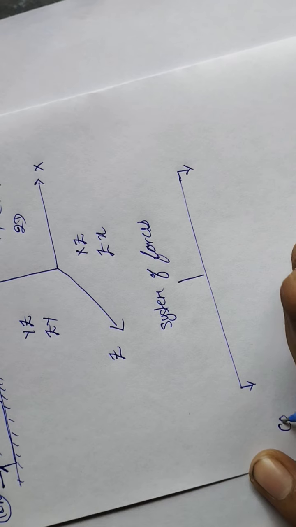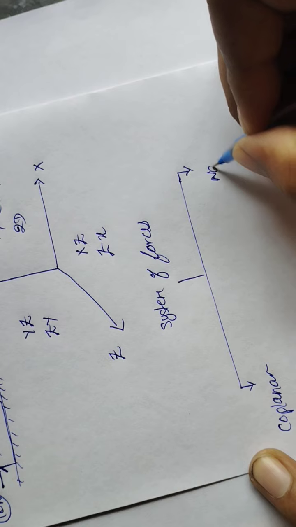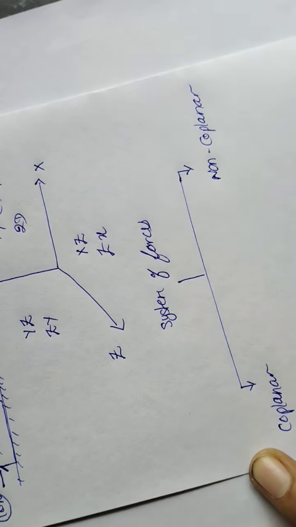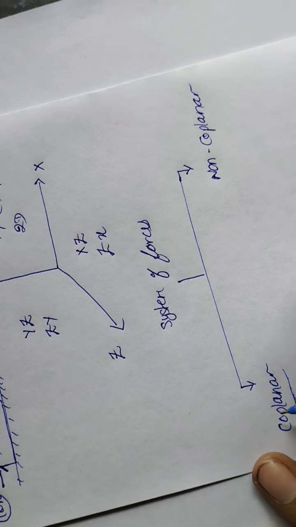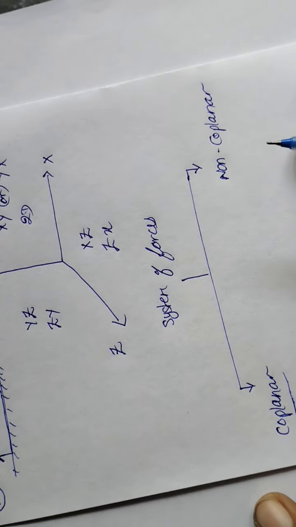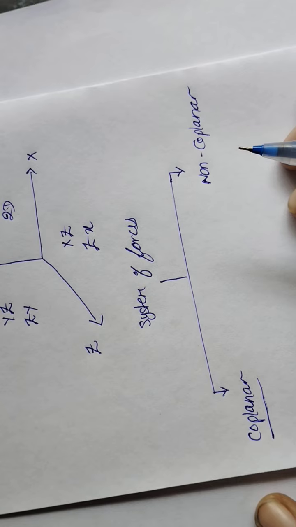That's called coplanar and non-coplanar. First you should know what is coplanar and what is non-coplanar. Coplanar, co means what? Same. Plane. So if all the forces act in the same plane, then that force is called coplanar forces.